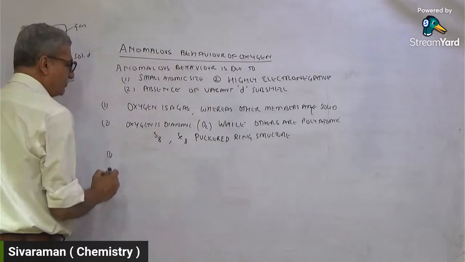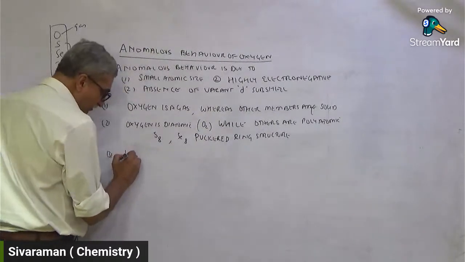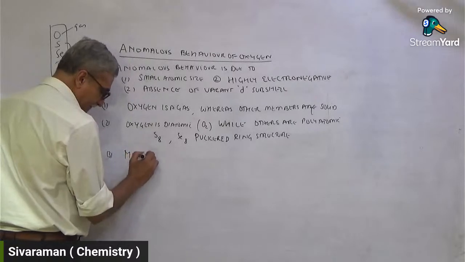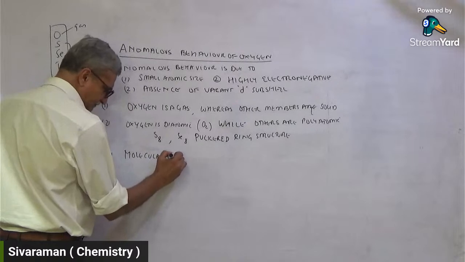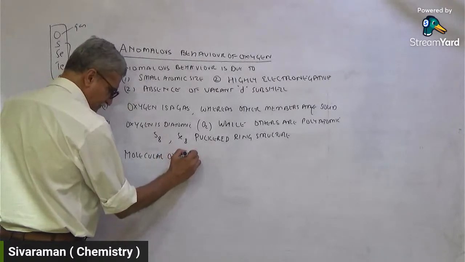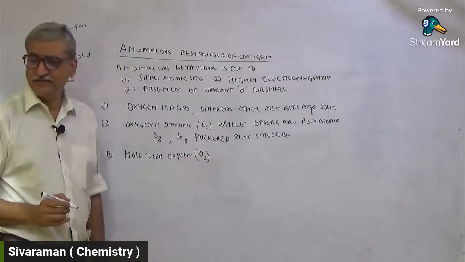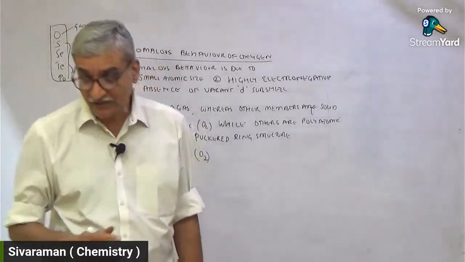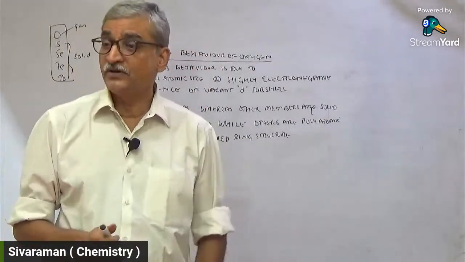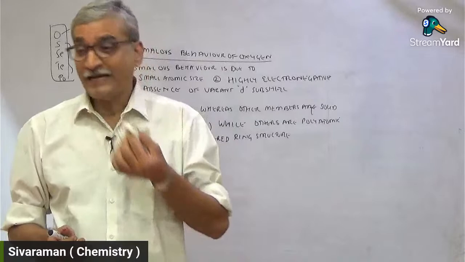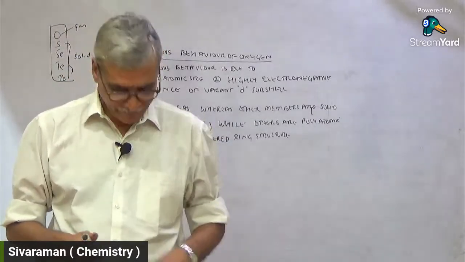Then we have the third one, which may be important: molecular oxygen, that is O2. We have done this in the 11th standard in Nature of Chemical Bond. The whole molecular orbital theory had to be considered because valence bond theory could not explain the diatomic nature of oxygen.